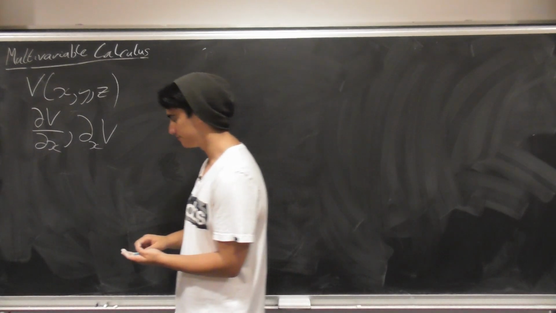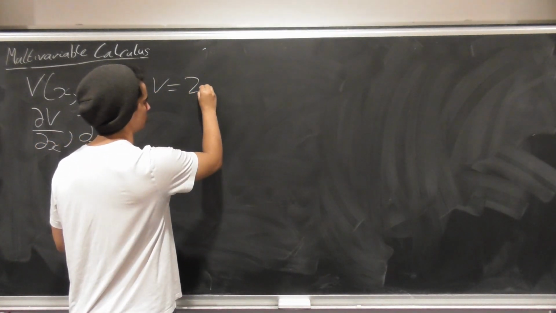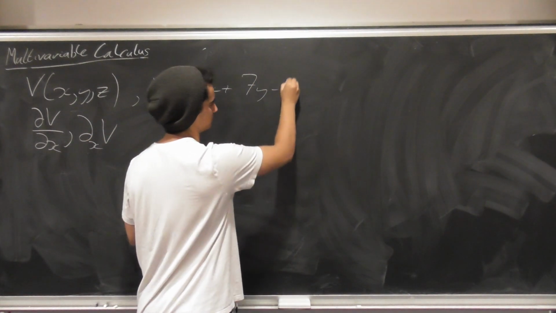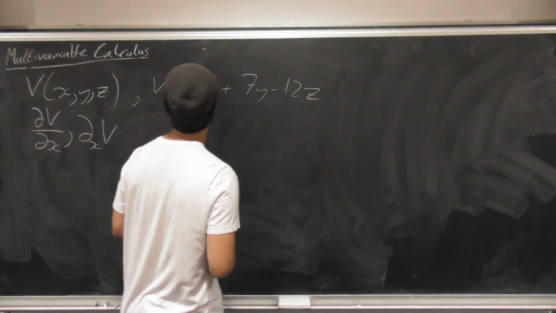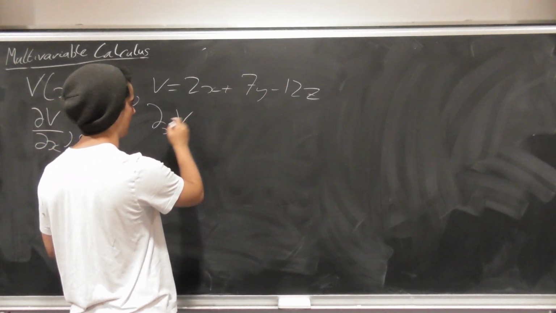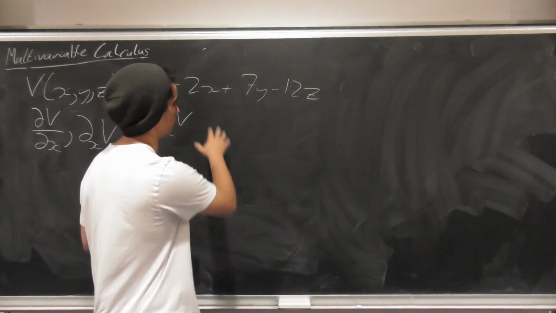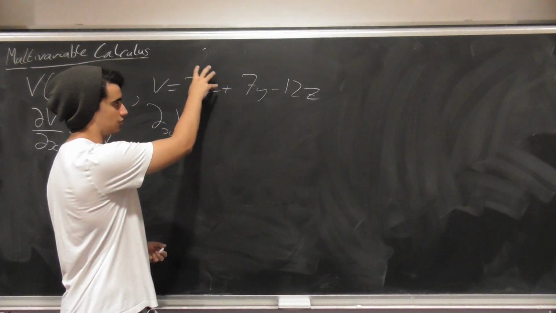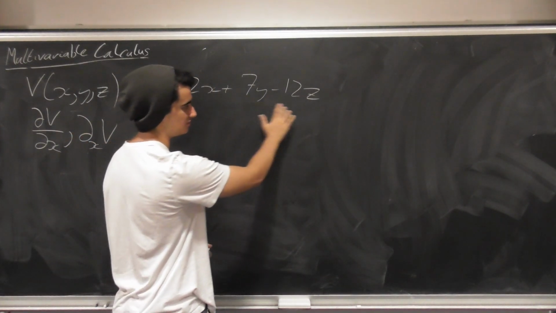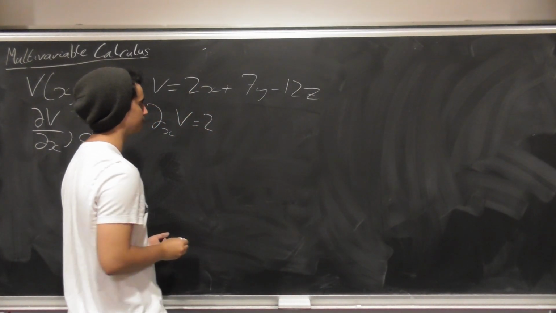So if we have, for instance, some v equal to 2x plus 7y minus 12z, and we want to take the partial derivative of v with respect to x, we know that this part of the function has an x in it, so it will vary, but these two we can hold constant, so we only get a 2.